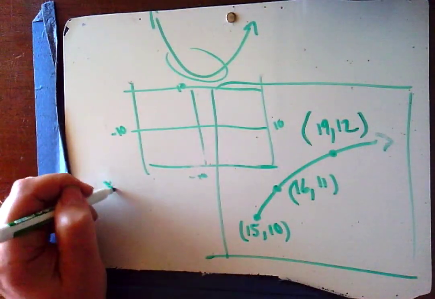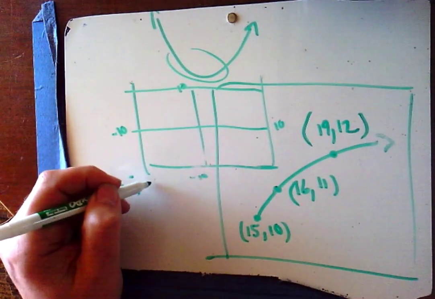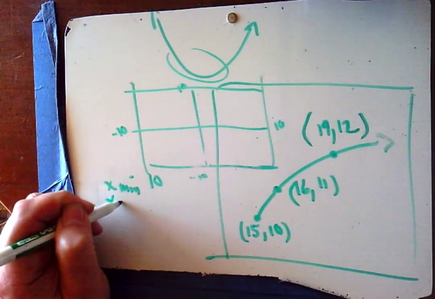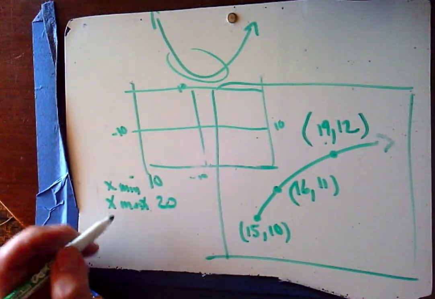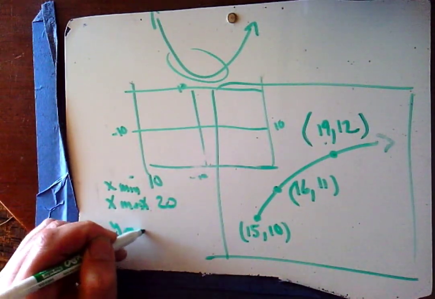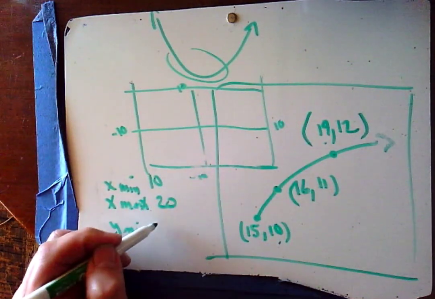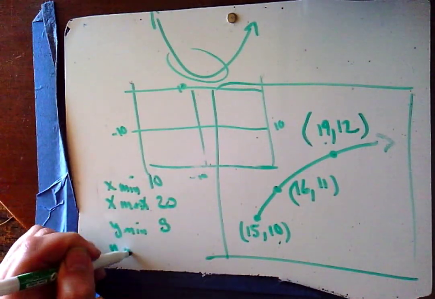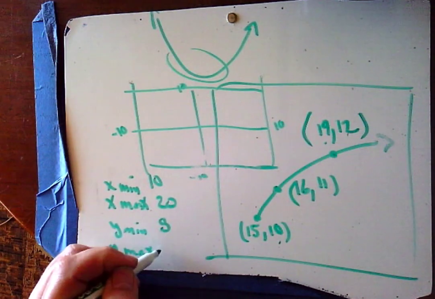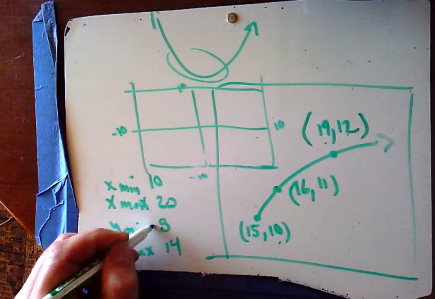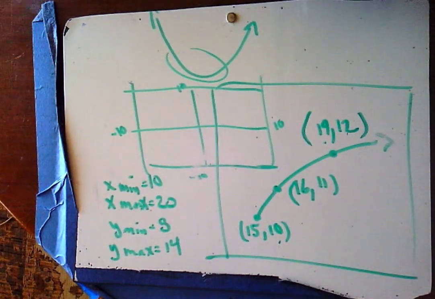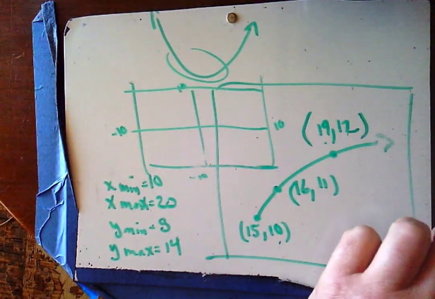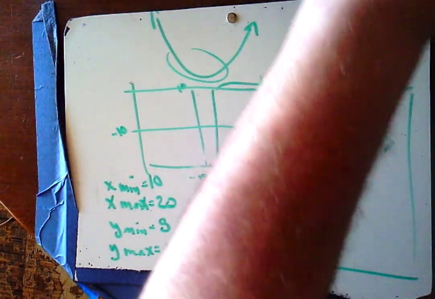So maybe my x min could be 10, and maybe my x max, something on the other side of 19, like 20, and maybe my y min needs to be below 10, and my y max needs to be above 12. And so I might use my knowledge of by hand graphing to help me find a good viewing window in my calculator.